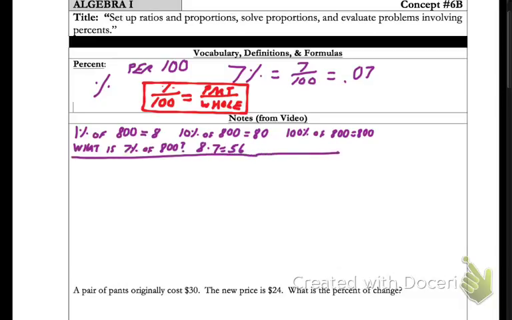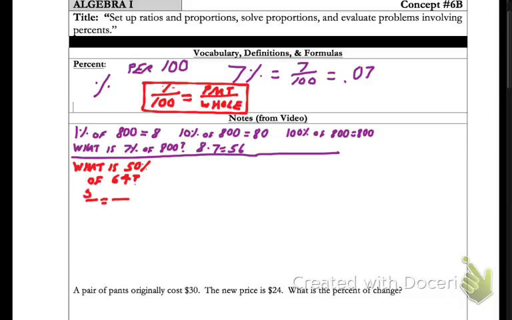So let's move on. Let's use this percent proportion that we've got here. And so we're going to try to answer this question. What is 50% of 64? So let's go ahead and use the percent proportion here.